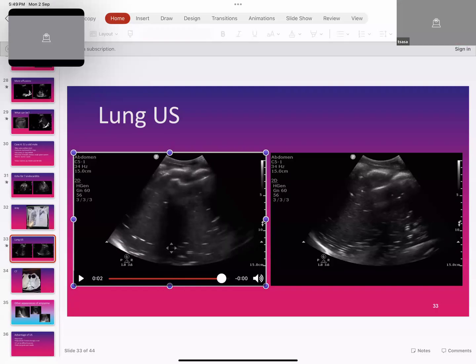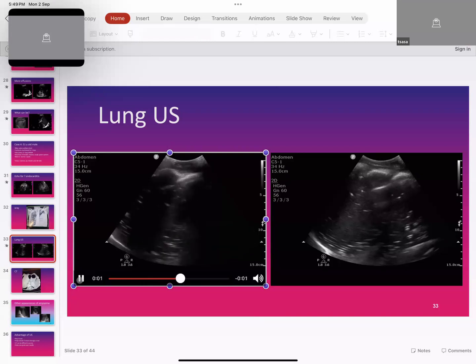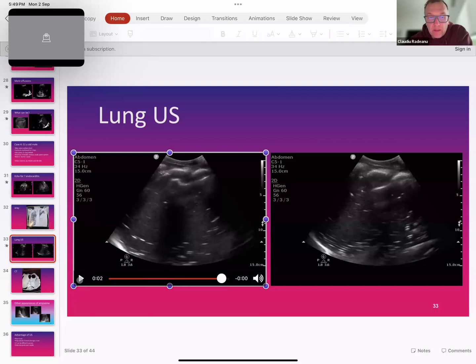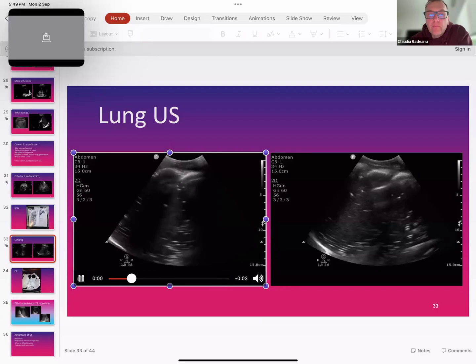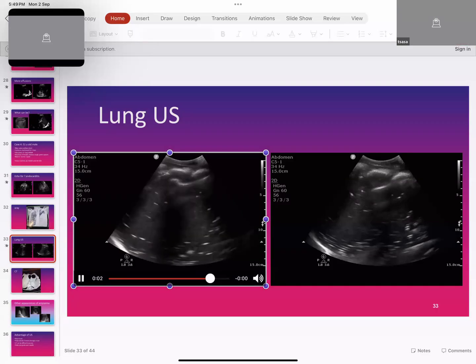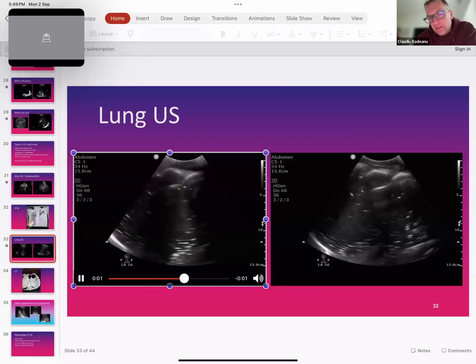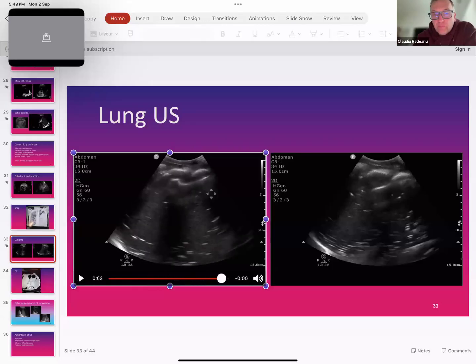I think with consolidation, the reflections were seen mostly as the patient was breathing in and breathing out. Yes, so they are dynamic, correct? And also they are not spread like this one. They are more localized. Yes, correct. Excellent.